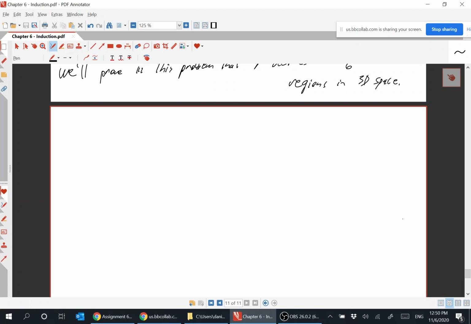We're going to go to the second principle. So we've been doing the first principle of mathematical induction. And in the first principle, the basic idea is the proof for step 99 follows from step 98.